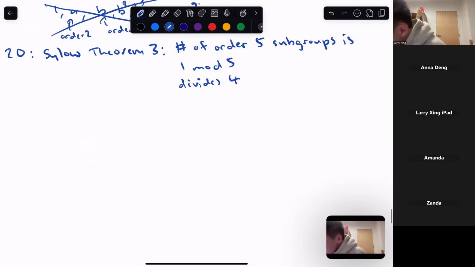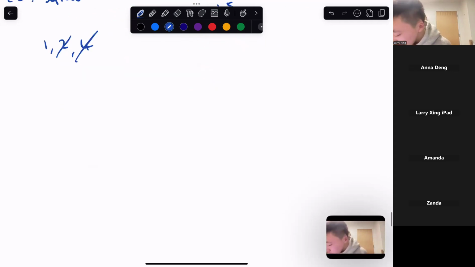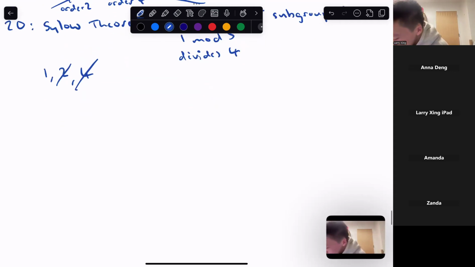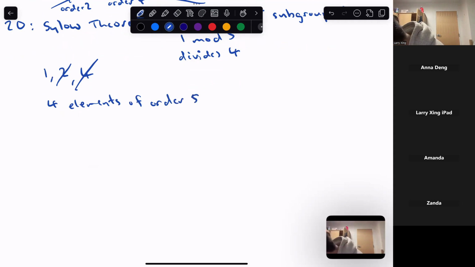So this means that it must be 1, 2, or 4. Obviously, 2 and 4 do not work, so it must be 1. And again, that means we must have 4 elements of order 5. And we can canonically order them A, A squared, A cubed, A to the 4.